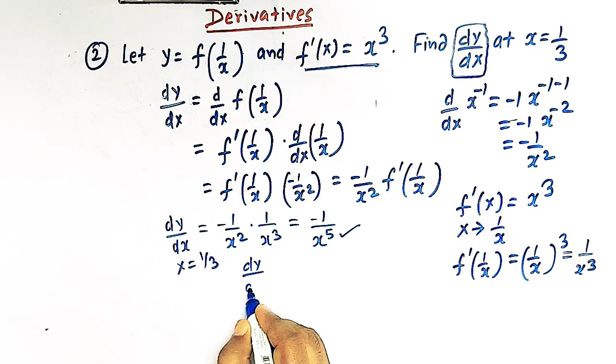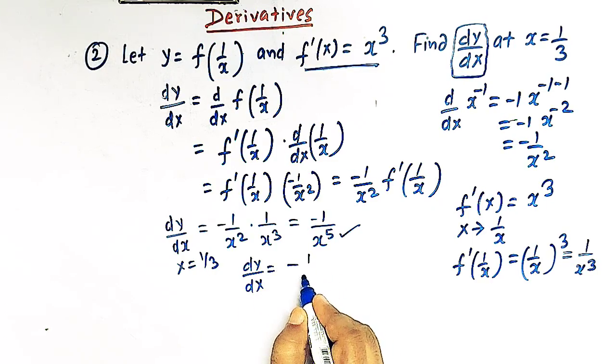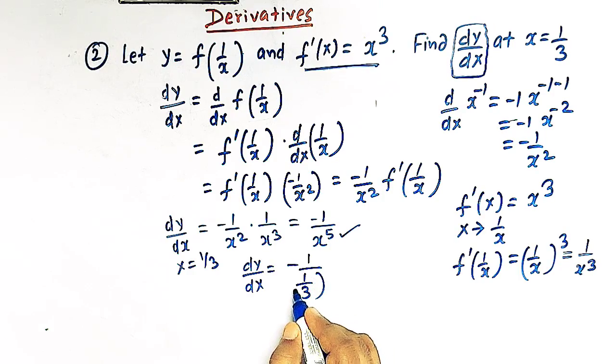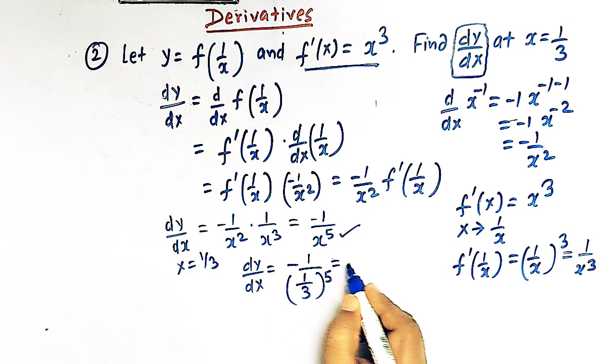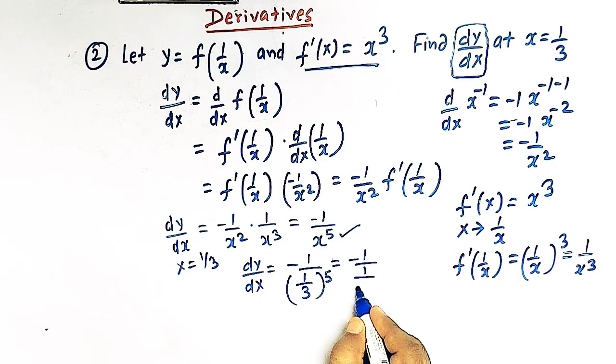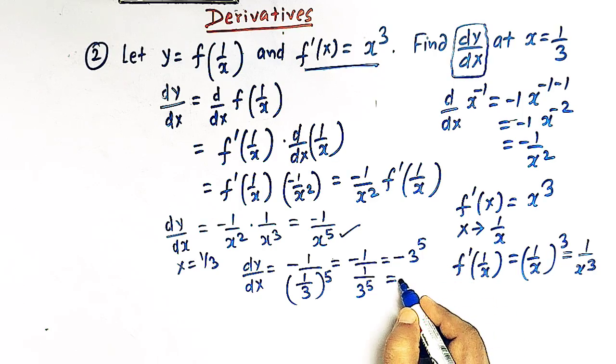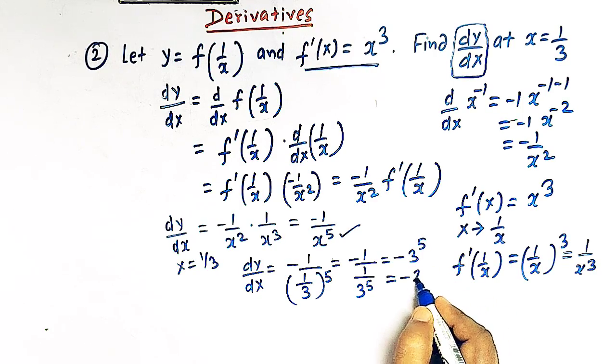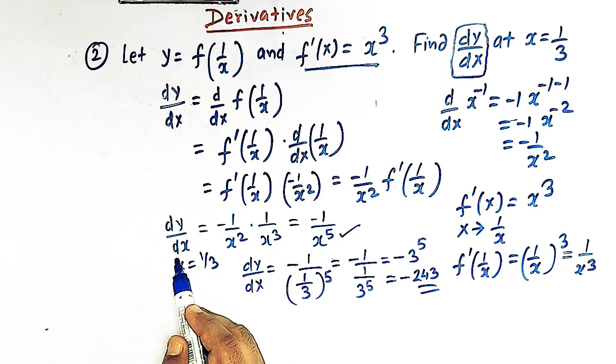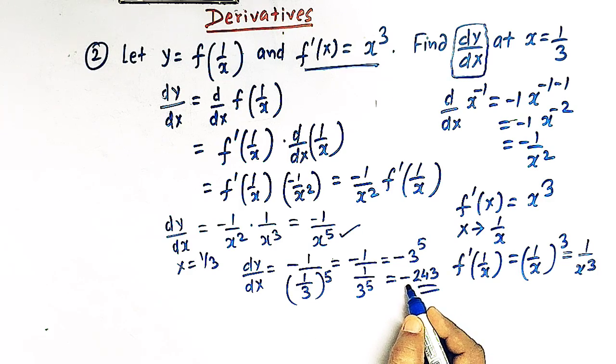So we have dy over dx is equal to minus 1 over 1 over 3 raised to 5, and taking 3 raised to 5 to the numerator, we have minus 3 raised to 5, and 3 raised to 5 is equal to 243, right? So the value of dy over dx at x is equal to 1 over 3 is equal to minus 243.